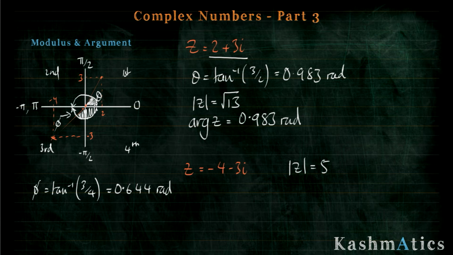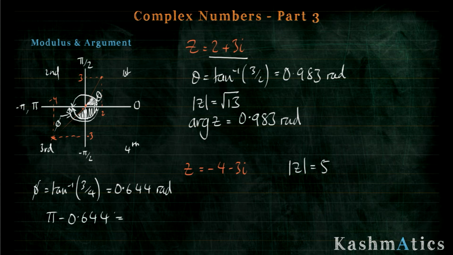If you think about it, I'm not worrying about the signs just yet. The angle from this position all the way to here is pi. Although it's negative pi, I'm not worrying about the negative for now. So I just need to take off 0.644 radians from pi radians. Pi take away 0.644.